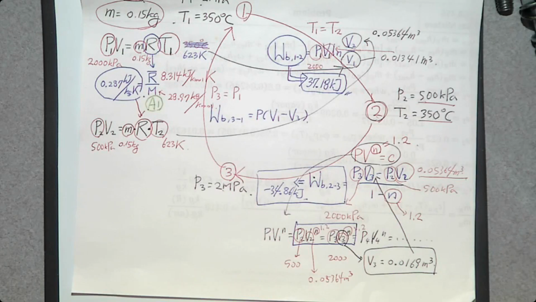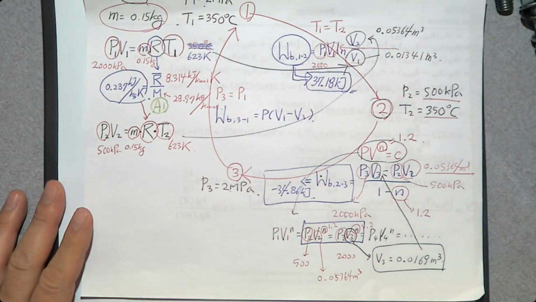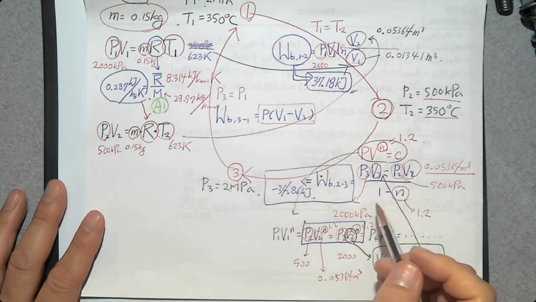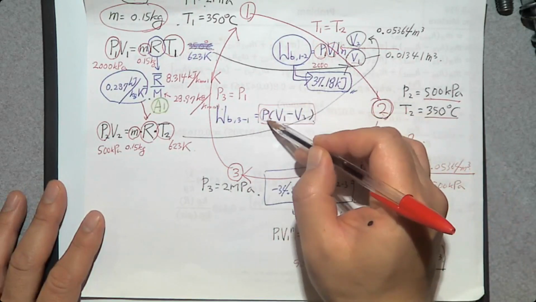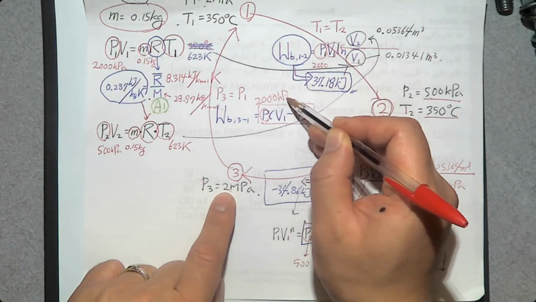The last process is process 3-to-1, and it is a constant pressure process. So we know the moving boundary work can be determined by this equation, and we know everything. Pressure is 2 megapascal, so that means 2000 kilopascal.